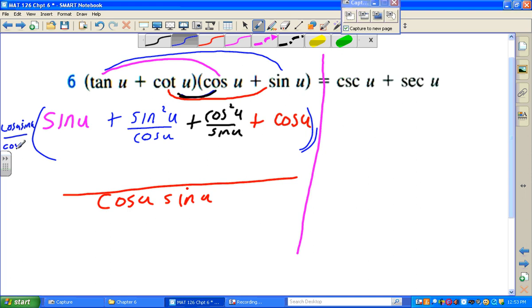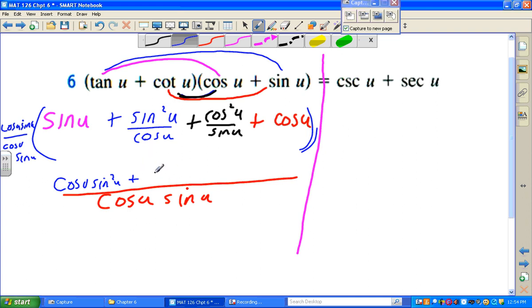See, this is clear. Cosine u, sine u. I'm multiplying everything by 1. It's just a fancy form of 1. So I have cosine u, sine u, plus sine cubed.